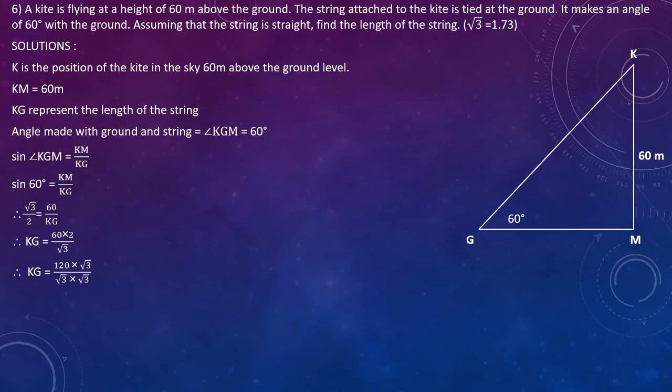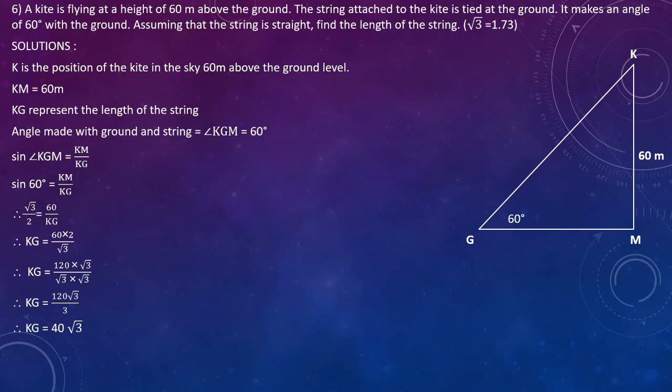Now we have seen in the previous videos as well that in the denominator we do not keep root 3. So in order to eliminate root 3 from the denominator, we multiply root 3 in the numerator and denominator both. So therefore we get KG is equal to 120 into root 3 upon root 3 into root 3. So KG is equal to 120 root 3 upon 3.